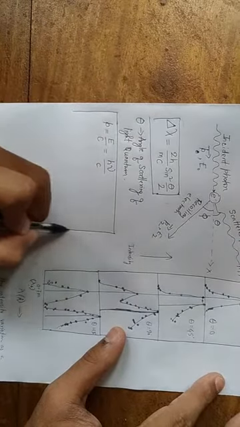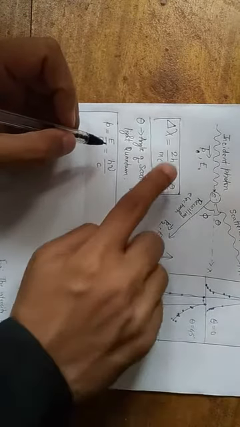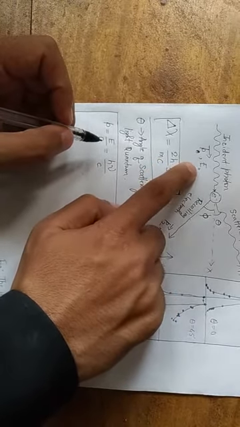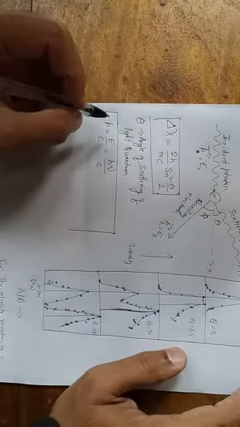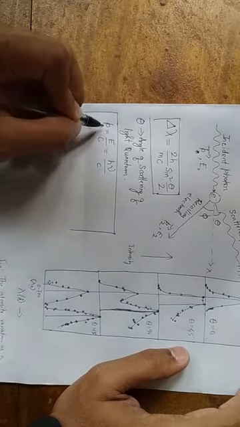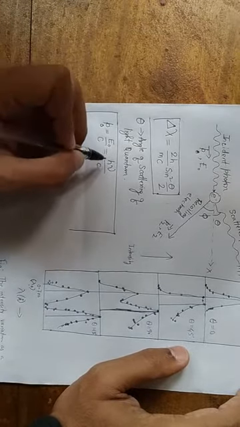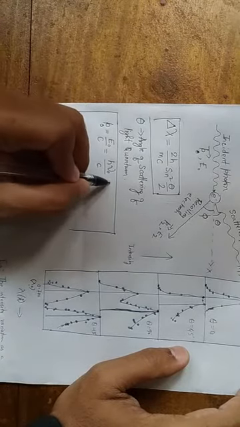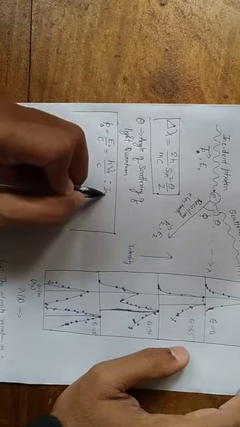Okay, so if we have our incident photon, whose momentum is p naught, and E naught is the energy of the incident photon, then we write p naught is equal to E naught by c, which is equal to h nu naught by c. This is for the incident photon.